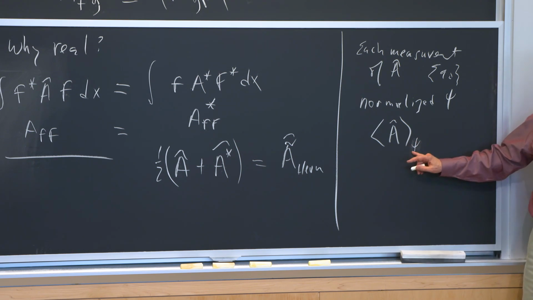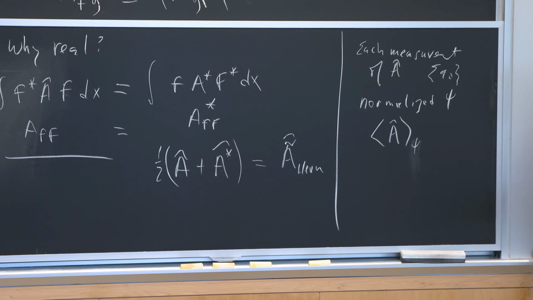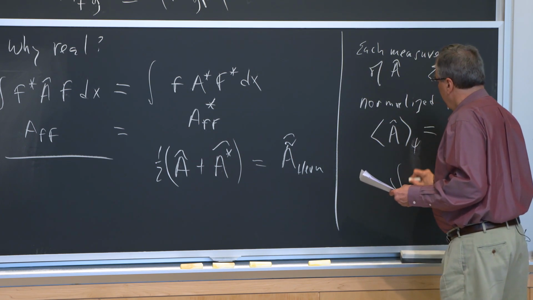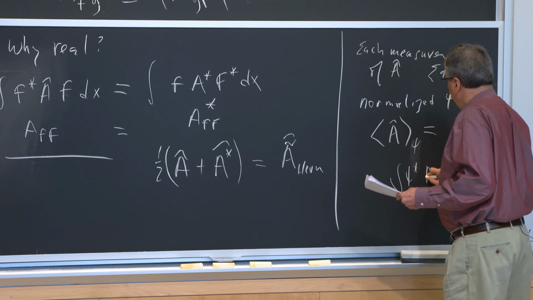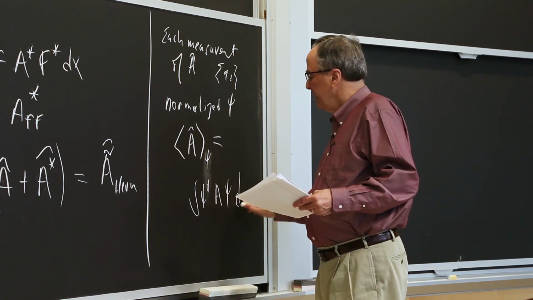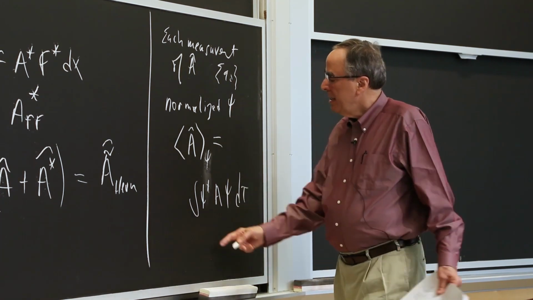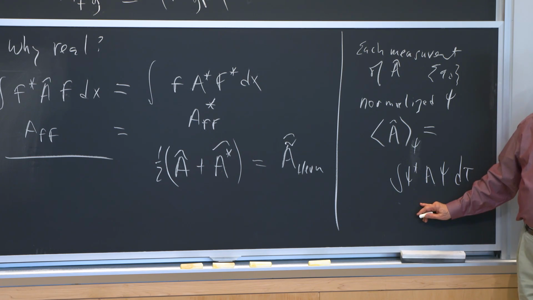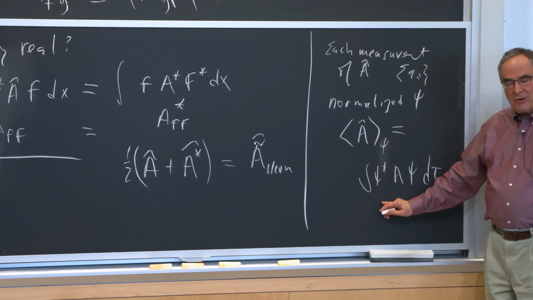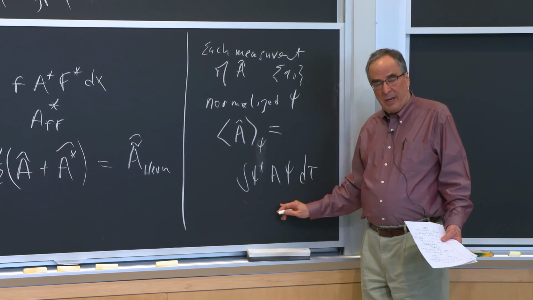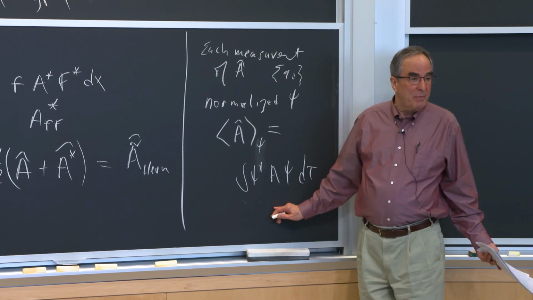And this is equal to psi star A psi d tau or dx. And if the wave function is normalized, we don't need to divide by a normalization integral. If it's not normalized, like if it's a free particle, we divide by some kind of free particle integral.